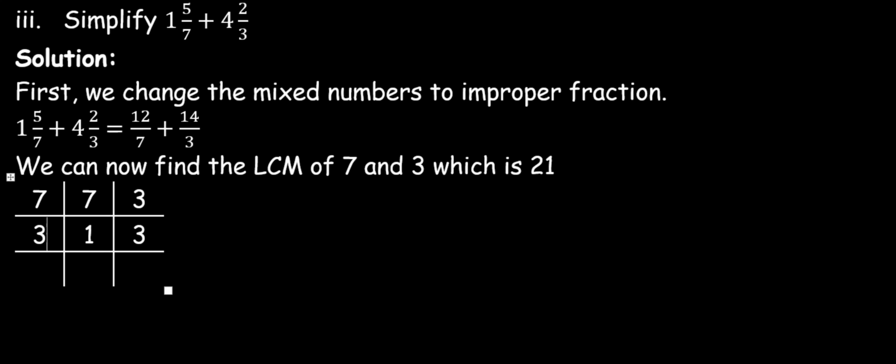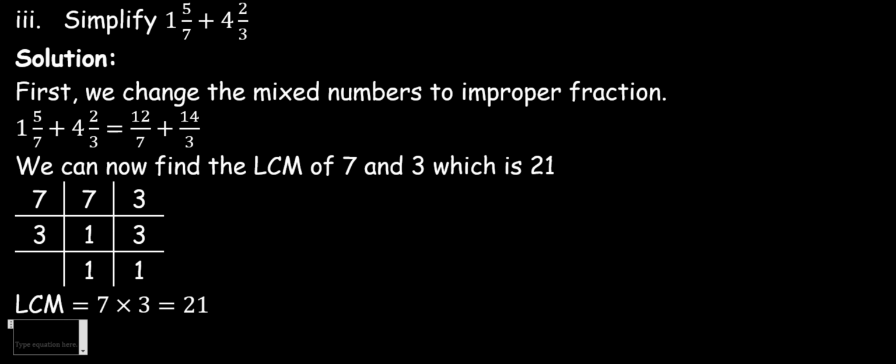So you go with 3 now. 3 divide 1, give you 1. Bring 1 down. 3 divide 3, give you 1. We can now say LCM of 7 and 3 is the same thing as 7 times 3, which is equal to 21.